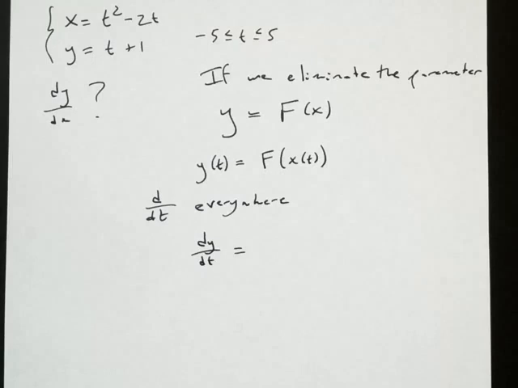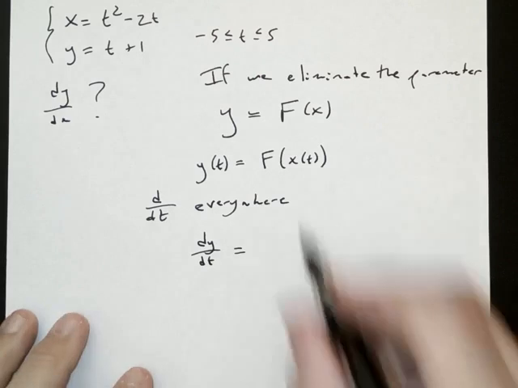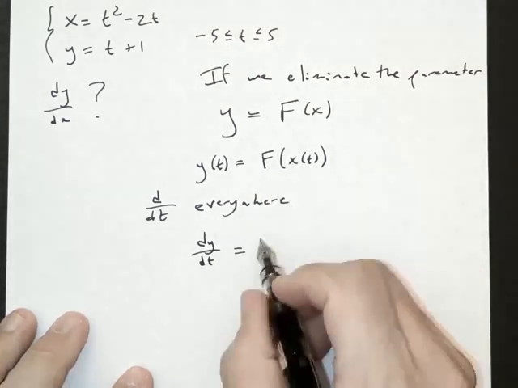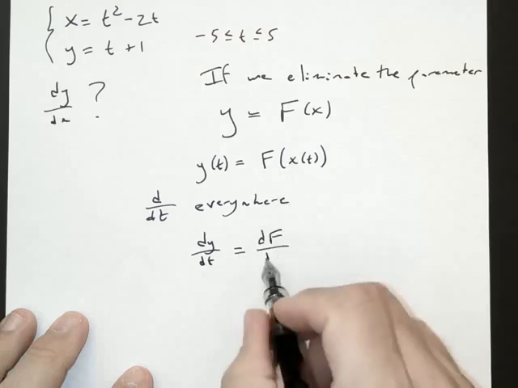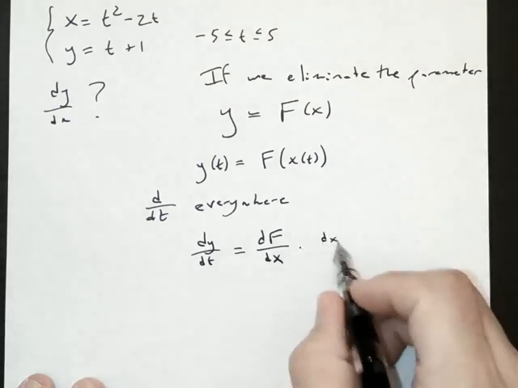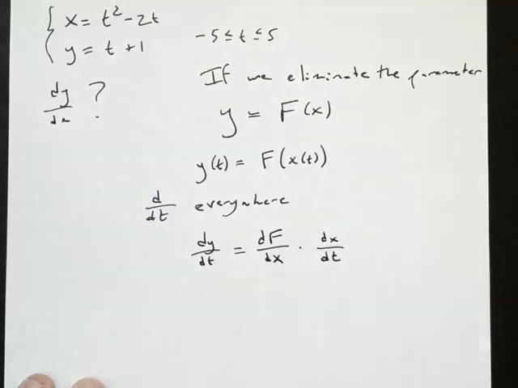On the right side, I need the chain rule. Chain rule says you take the derivative of the outside, leave the inside alone. Well, the derivative of the outside, that would be f prime, or the derivative of f with respect to x, because I left the inside alone. And then I multiply by the derivative of the inside.